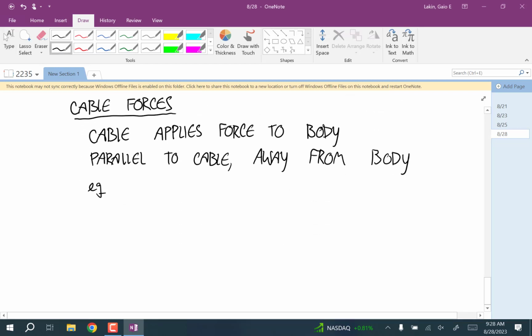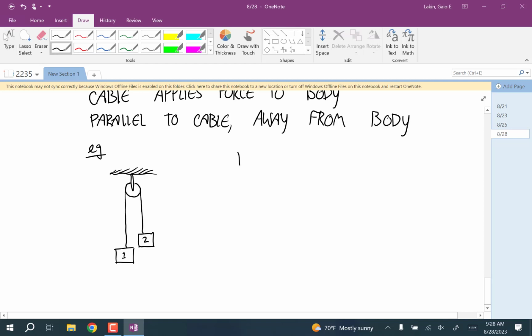So for example, if you have a pulley attached to the ceiling and a cable going over the pulley, connecting body 1 to body 2, then a free body diagram of body 1: the weight force acts down, so I'll write that as M1G. And the cable force acts parallel to the cable, away from the body. So like that.